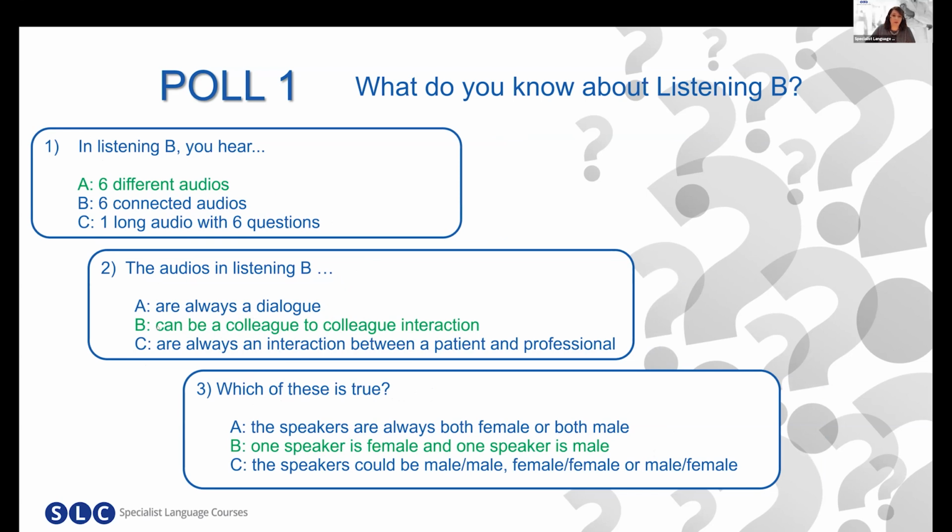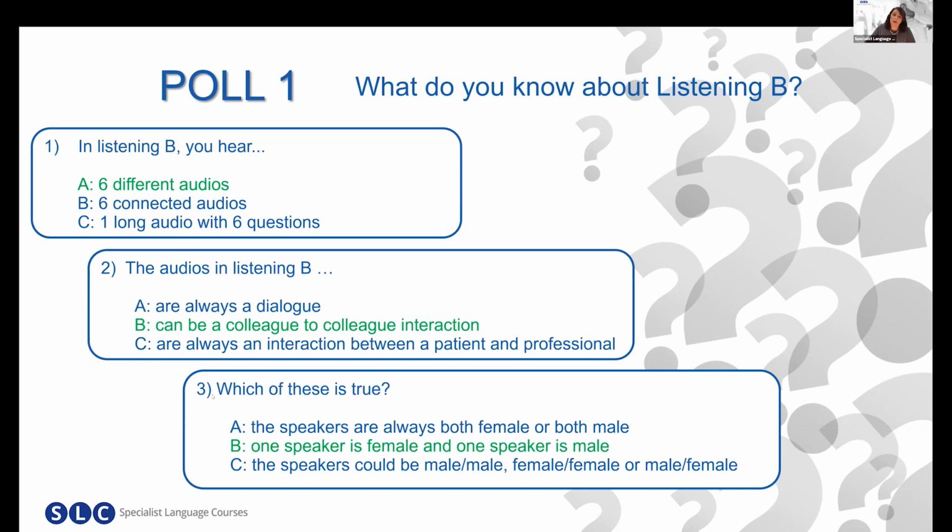So in listening B, you may have a dialogue, or you may have a monologue. It's not always a dialogue. And in C, always an interaction between a patient and professional. This is listening A. Listening A is always this interaction, whereas listening B can be a colleague-to-colleague interaction.